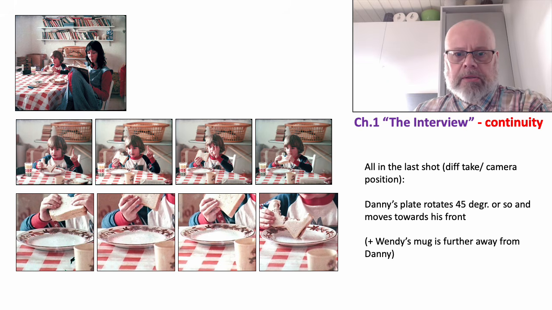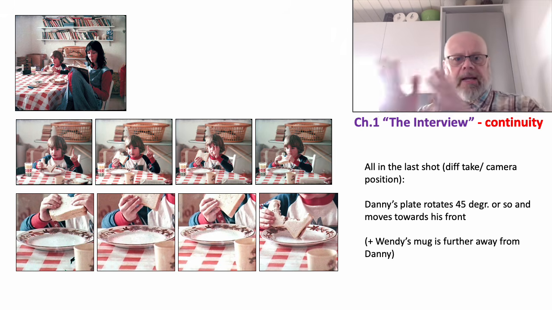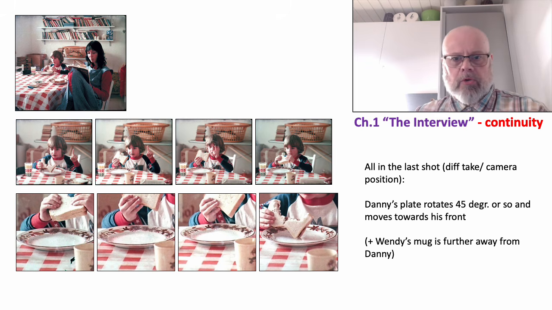All in the last shot: different take, different camera position. Danny's plate rotates 45 degrees in the last shot, right? And moves towards his front. And Wendy's mug is further away from Danny all of a sudden. So in 3 shots with Danny, it's the same, and he eats a bit of the sandwich.